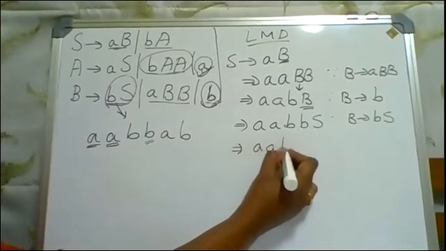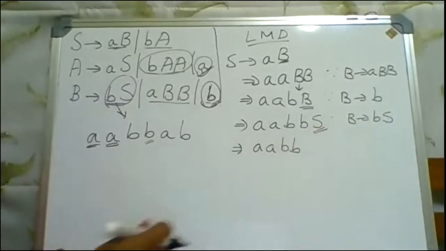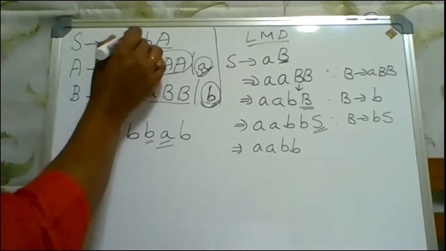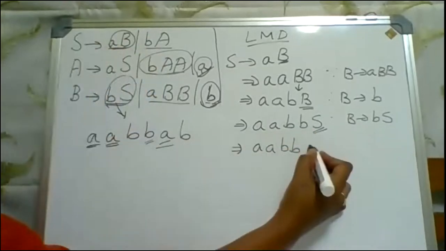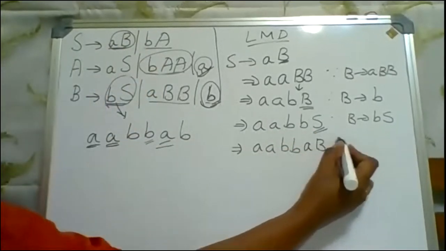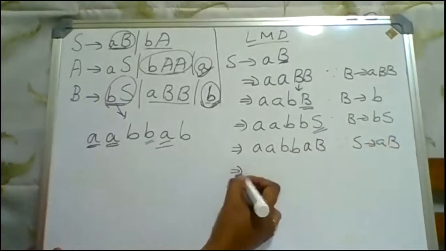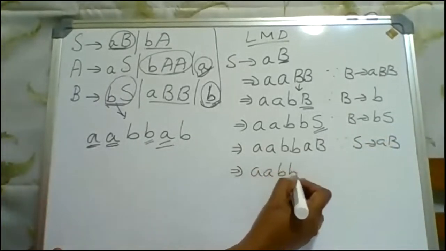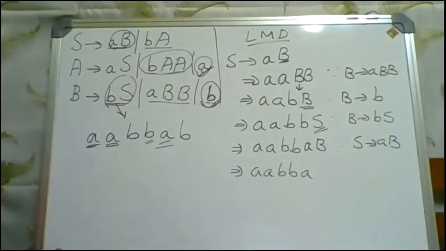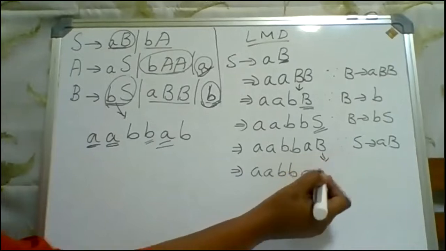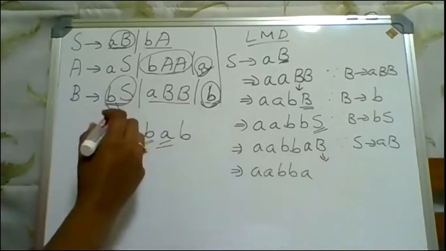The next step, I'm going to replace this S with any of the productions. We need to get A, so we have to choose the production S deriving AB. Again, in the next step, we need to replace this B with any of the productions.